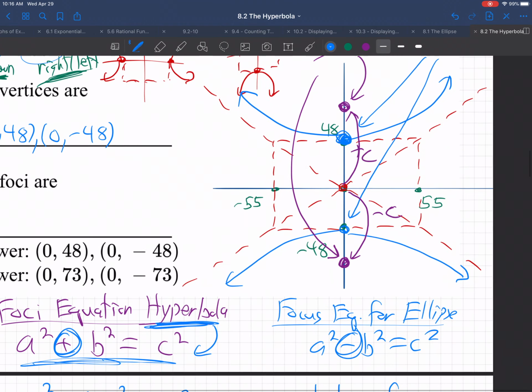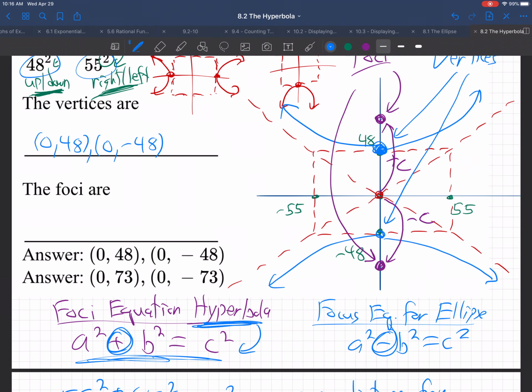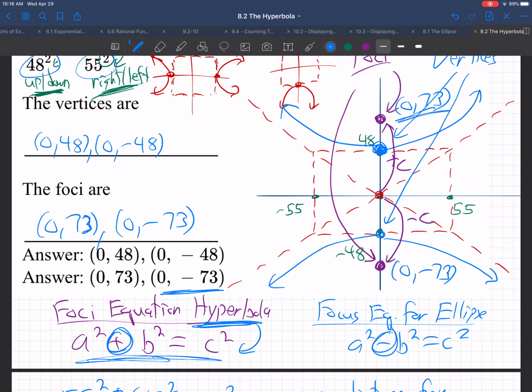So 73 is the distance from the center to the focus. So that means this point must be over 0, down 73, and this point is up. So it's over 0, up 73 and over 0, down 73. That's where those two focus points are, inside the branches. Those two purple focus points.